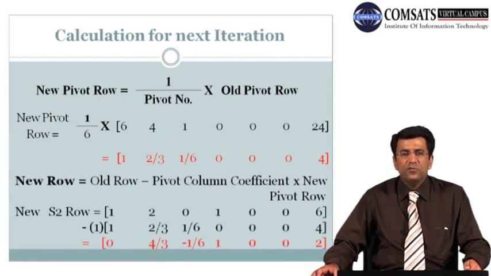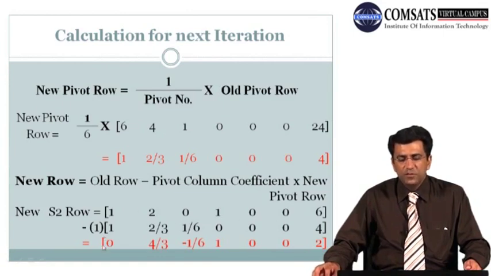As a next step, we will have to calculate the rows other than the pivot row, and again we can use the formula for the other new rows. New row is equal to old row minus pivot column coefficient into new pivot row. So our new S2 row will be equal to the old S2 row, that is the S2 row in our previous table, minus the corresponding pivot column coefficient multiplied by the new pivot row.